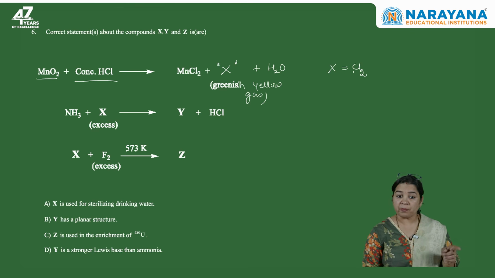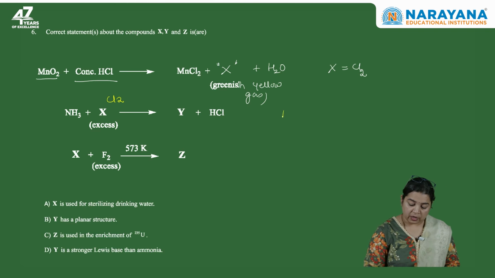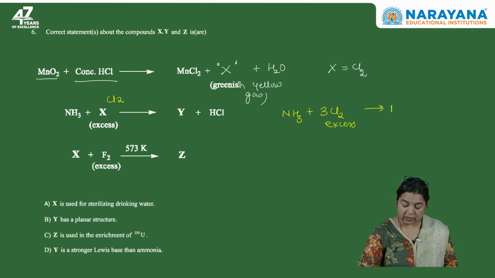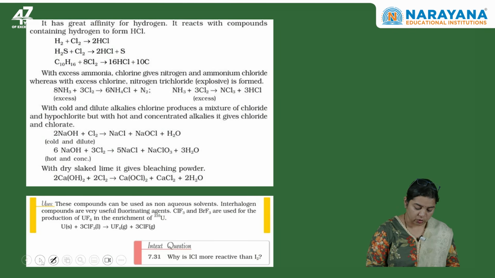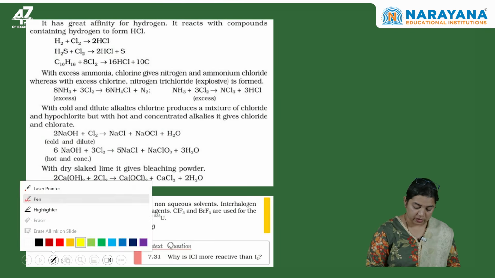Now ammonia plus X. So what is this X? As we identified, it is chlorine gas. Coming to the NCERT extract, it says ammonia plus 3Cl2: when chlorine is taken in excess, then NCl3 plus HCl is formed. Let me take you to the exact cutting of NCERT. What is mentioned there?